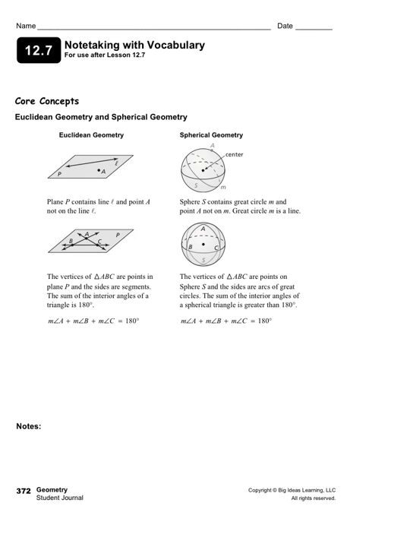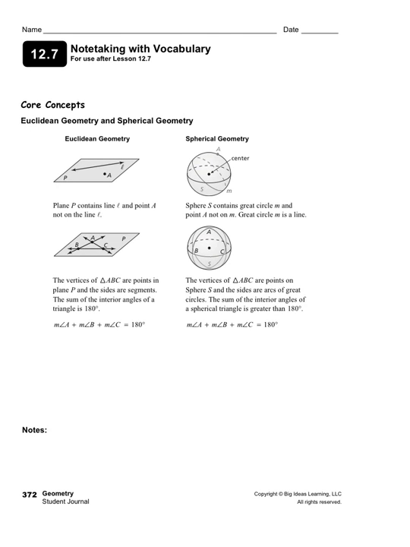Hey guys, so today we're going to talk about the difference between Euclidean geometry and spherical geometry. Now, first of all, let's talk about geometry in general. Geometry is formed by two words. You've got geo and you've got metry.